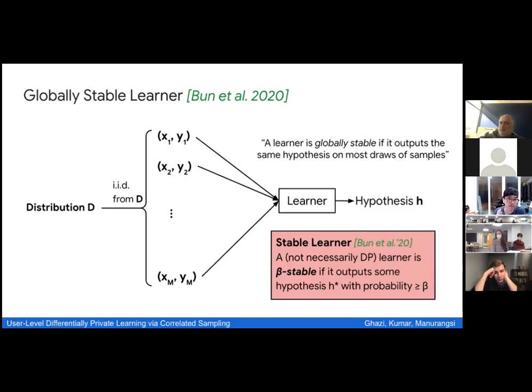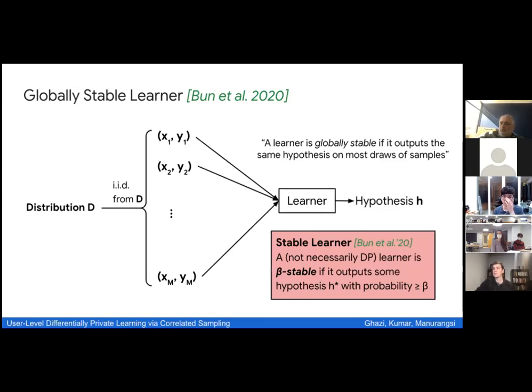And here I'm assuming that hypothesis H star has small error, just for simplicity, so that we don't have to worry about both the error term and the stability. From now on, we are not going to worry about the accuracy. So this stable learner means that if you run this algorithm many times on many different draws of the samples, you will still get one of the hypotheses like this H star with probability at least beta.